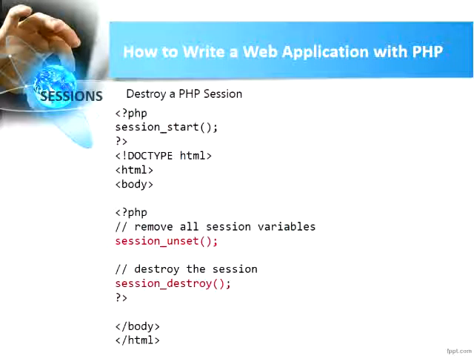So what's the difference between session_unset and session_destroy? session_unset removes all session variables, but the session is still here. session_destroy will remove all the variables and also the session, all the session with all the variables. This is the difference between session_unset and session_destroy.